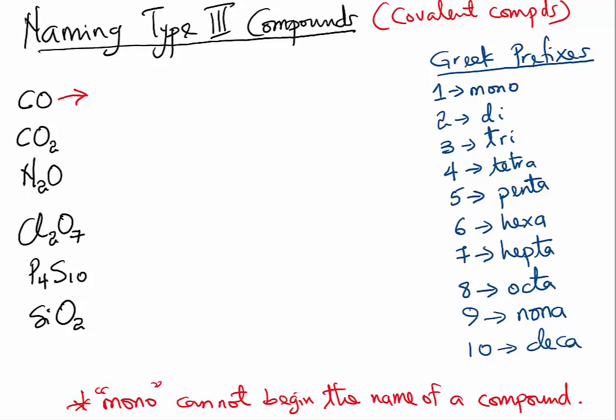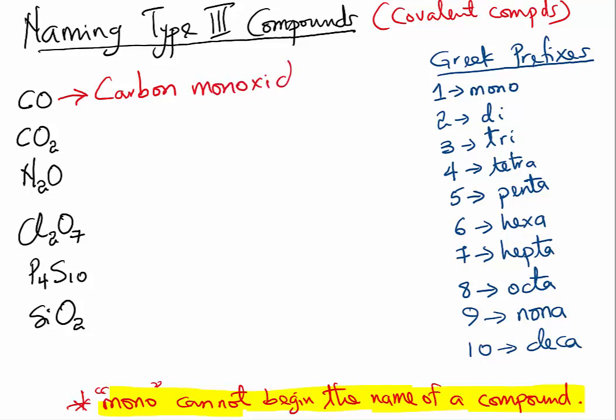However, remember, mono cannot begin the name of a compound. So, this compound is actually named as carbon monooxide, which is simply written as monoxide. So, all the compounds will also end with IDE.